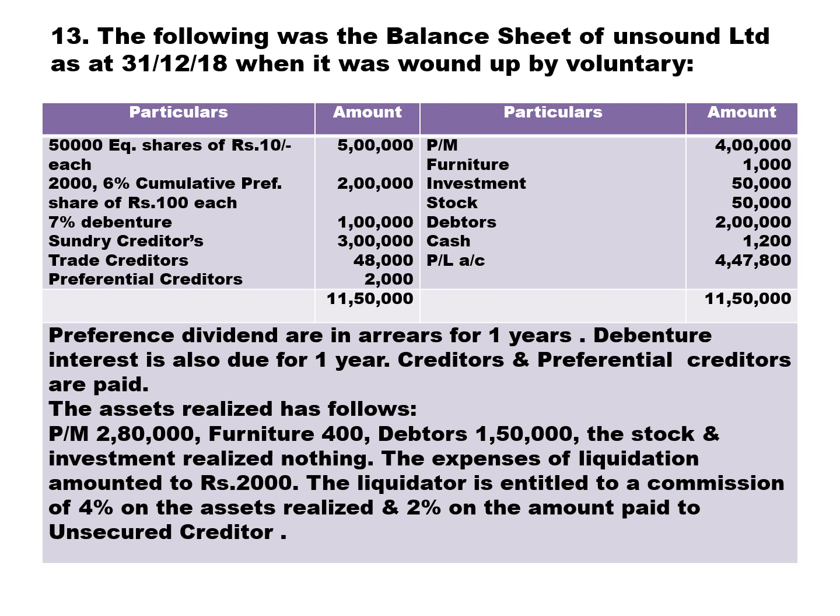Preference dividend is in arrears for 1 year. Debenture interest is also due for 1 year. Creditors and preferential creditors are paid. The assets realized as follows. Plant and machinery realized 2,80,000. Furniture realized 400. Debtor realized 1,50,000.